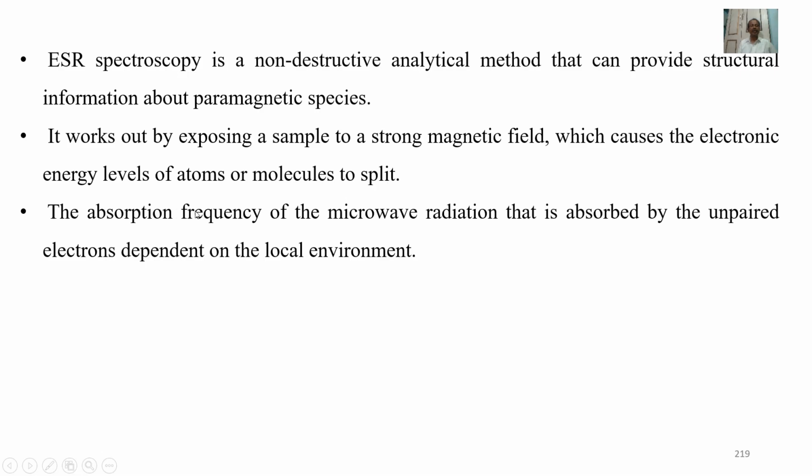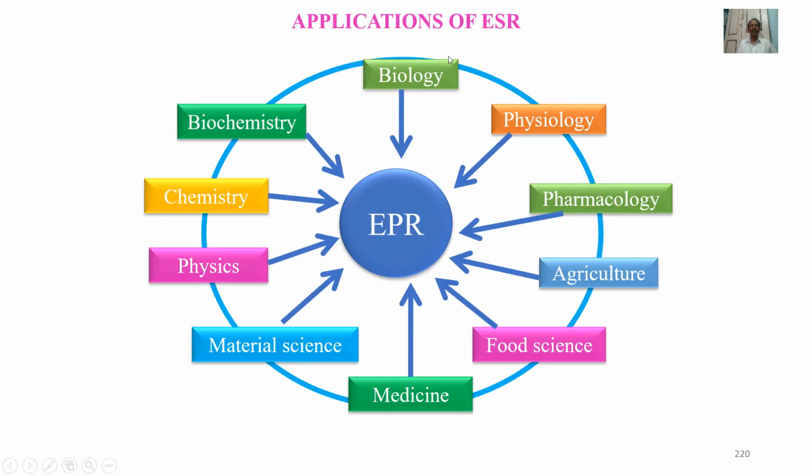The absorption frequency of the microwave radiation that is absorbed by the unpaired electrons depends on the local environment. So there are a lot of applications of ESR, right from biology, physiology, pharmacology, agriculture, food science, medicine, material science, physics, chemistry, and biochemistry. So there are a lot of applications in various fields.